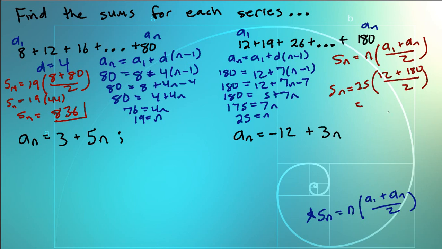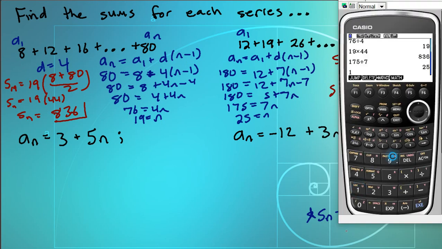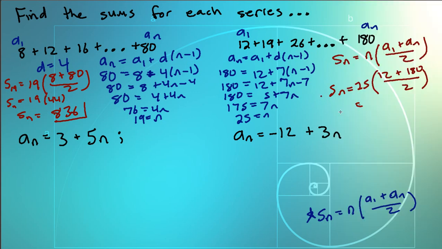So 192 divided by 2, and then I'm going to multiply by 25 because 25 was how many terms I have. So 2,400 is Sn. That's my sum.